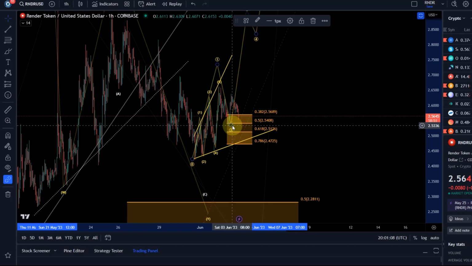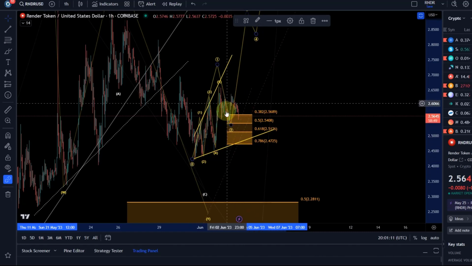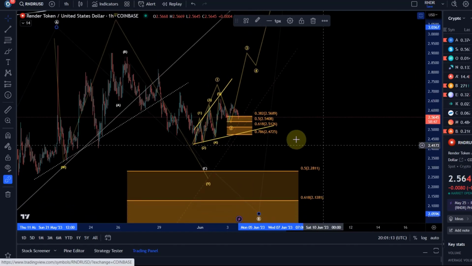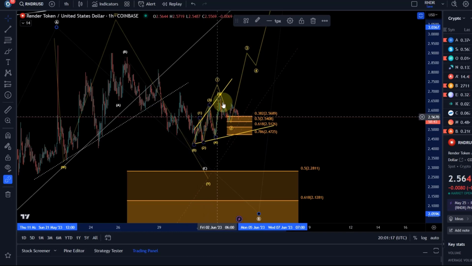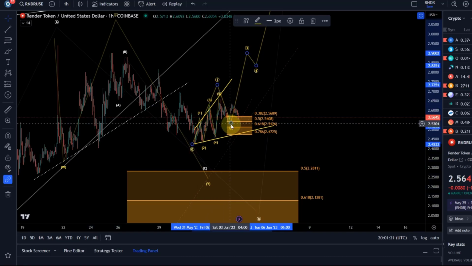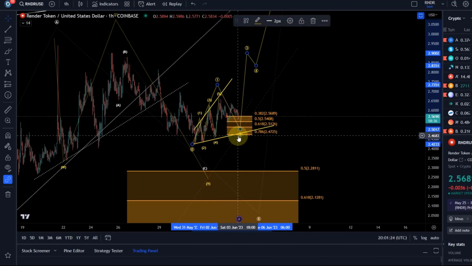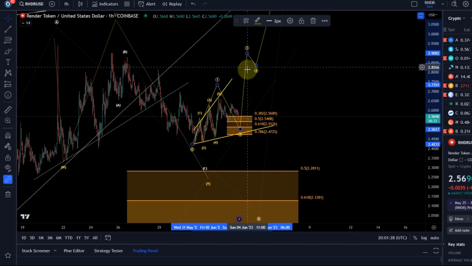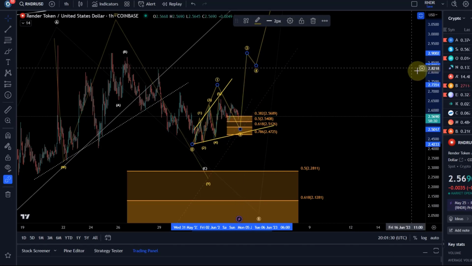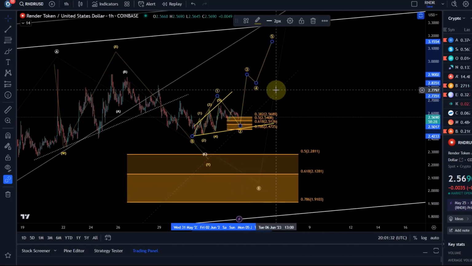At the moment, I simply point out the potential that a low could be in, but the problem is the structure that has developed off the low is just a diagonal pattern, so they are less reliable. But if price forms this wave 2 support and holds 247, then it can continue to move up and rally in the third wave. So this is not my primary expectation. Nevertheless, it is a possible trade setup.